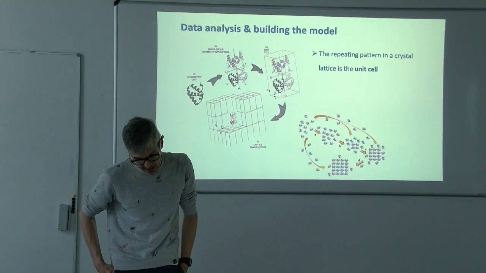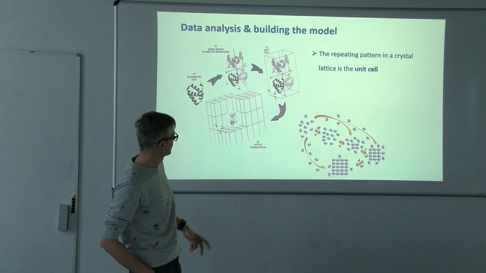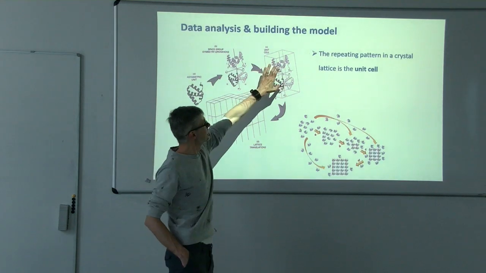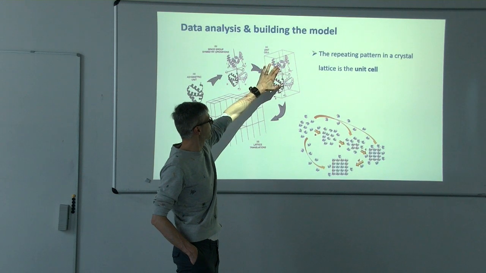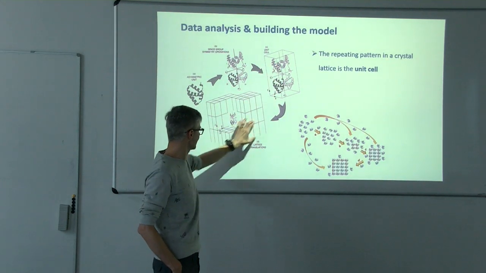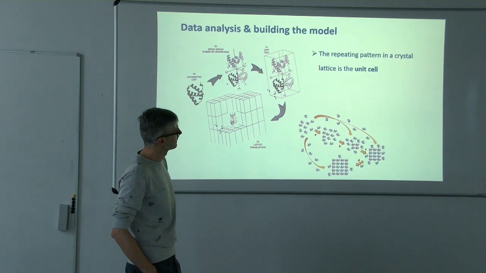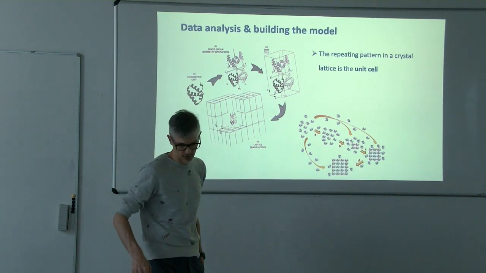And this is how a crystal could look like. So remember the sodium chloride crystal, this is one unit cell of a protein, and then this is built like this in your crystal, and then you try to solve this.